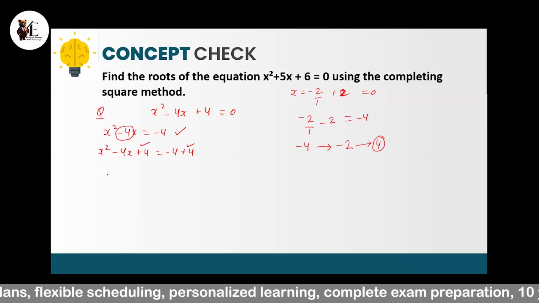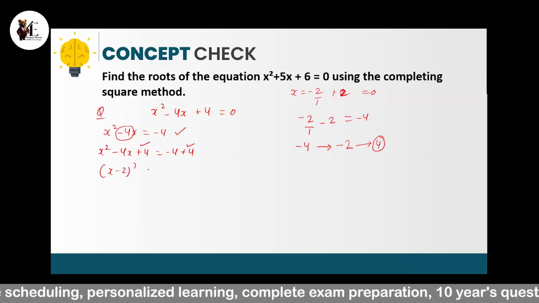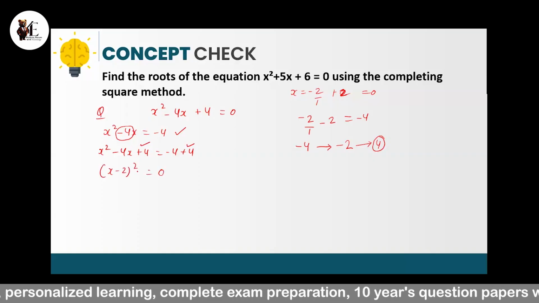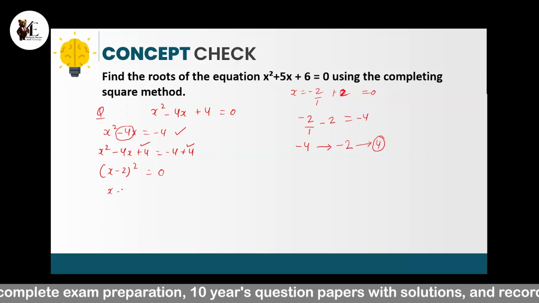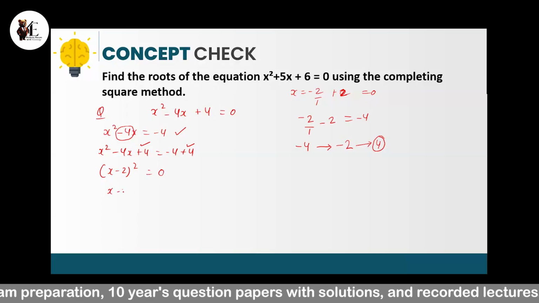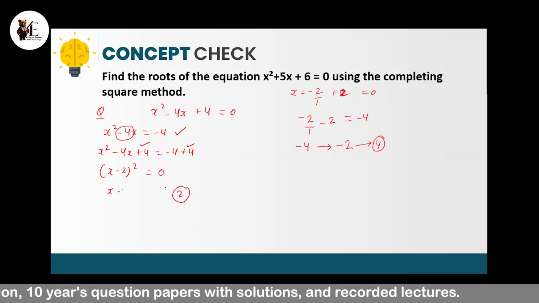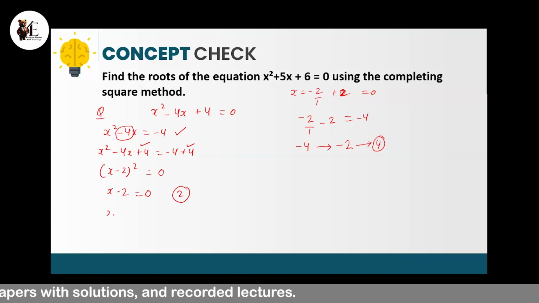And then it will be x minus 2 whole square is equals to 0, sorry. And if so, its answer will be 2, because x minus 2 is equals to 0 and x will be 2 here.